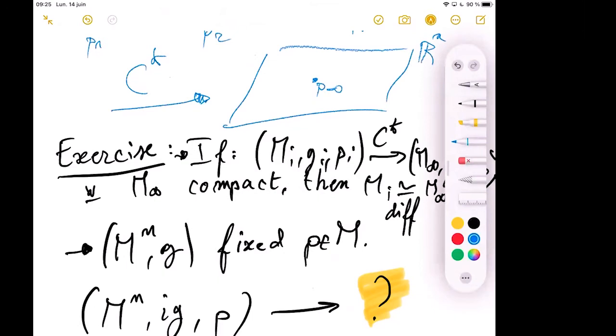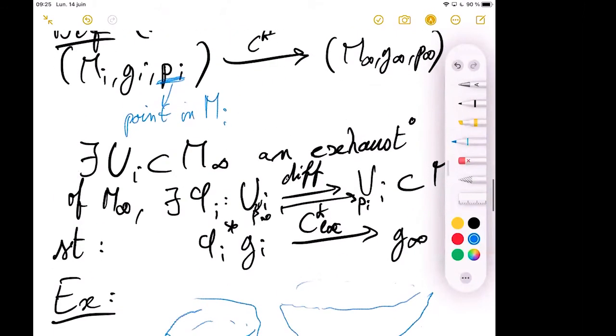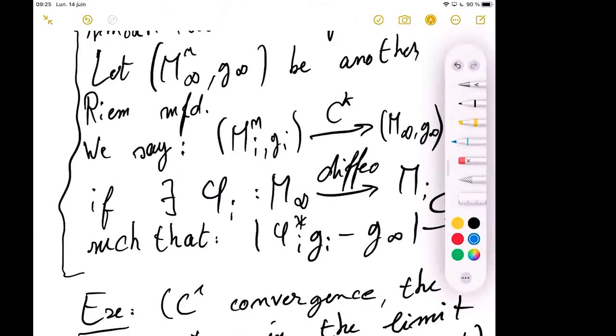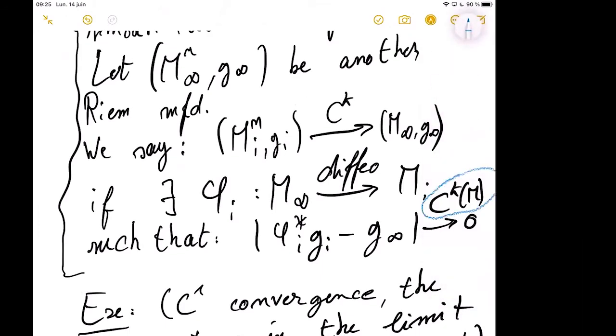So maybe let's go to this definition in the compact case. We can replace this by Sobolev norms if it's more convenient to us, or L^p if you want very weak stuff, though we will have very few continuous things if we just assume L^p convergence of the metric. But yeah, this is flexible.